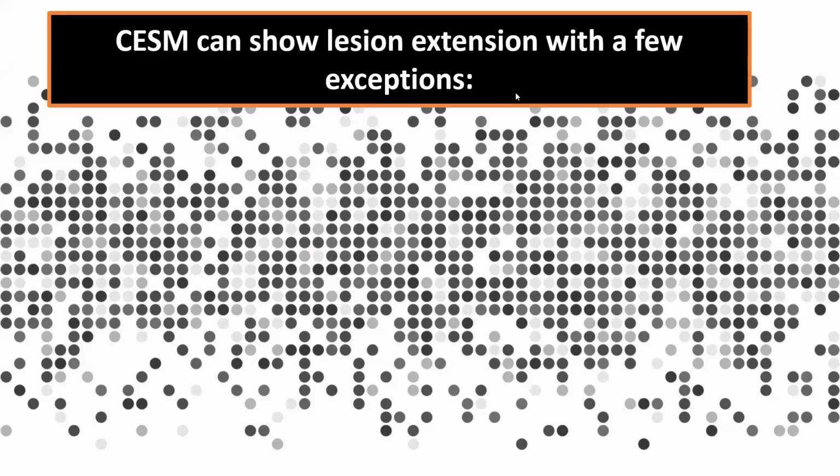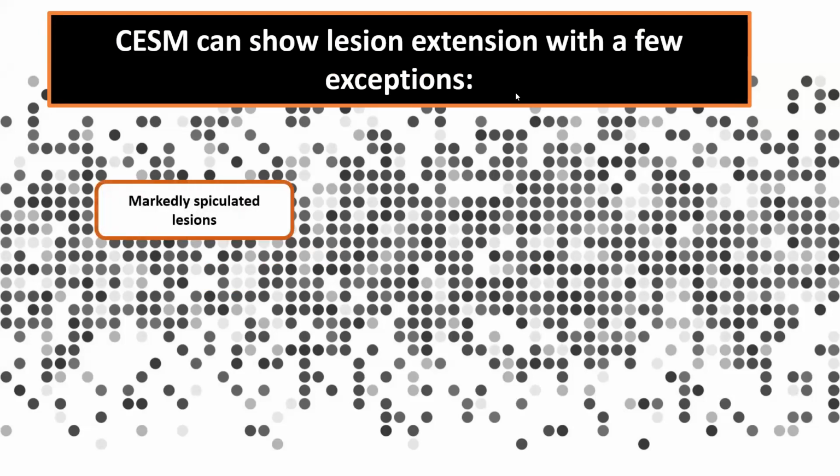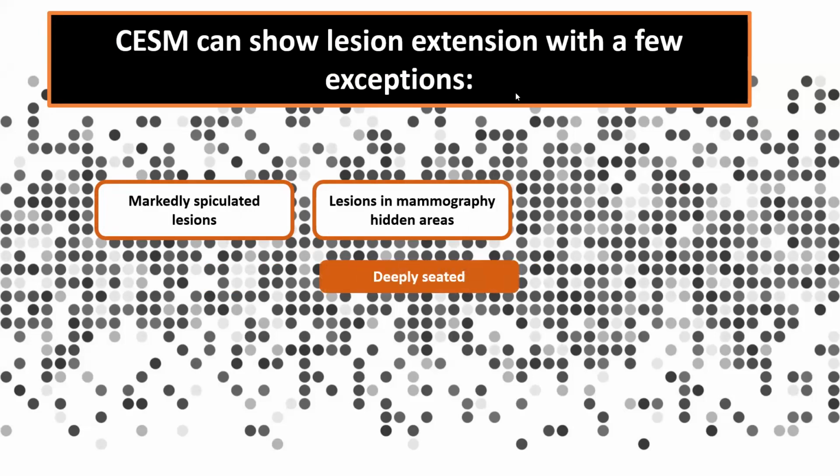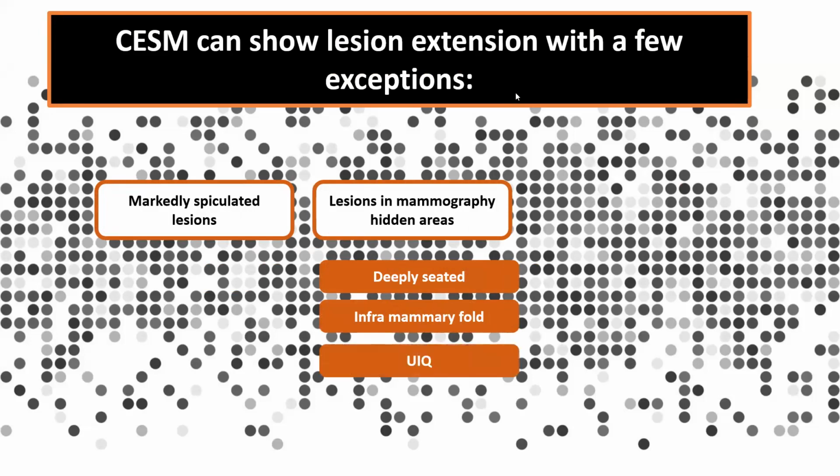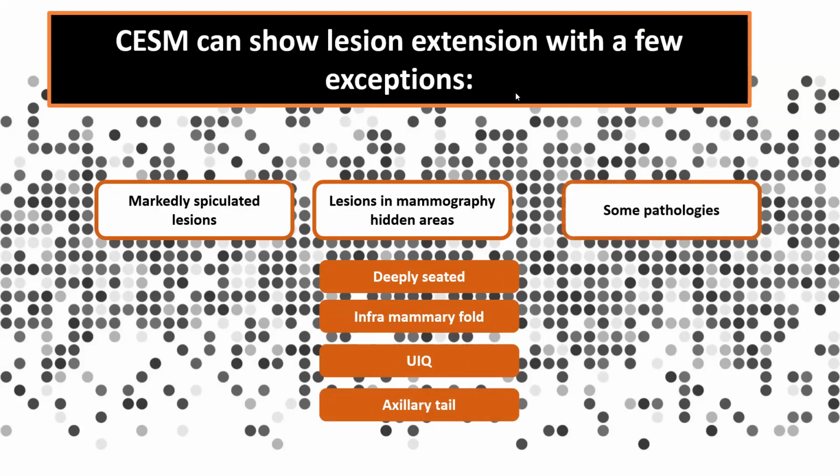So we can sum up by saying that contrast mammography is excellent in extension. With a few exceptions, whenever we have multiple spiculated lesions, we would expect that in some cases it might be underestimating the size. Lesions in mammography hidden areas cannot be assessed using contrast mammography, like deeply seated inframammary fold lesions, upper inner quadrant, axillary tail, unless the patient is very well positioned, we can miss these lesions.